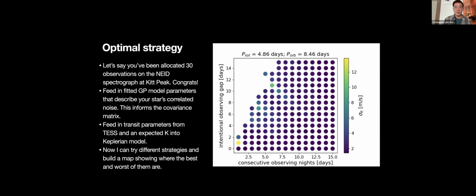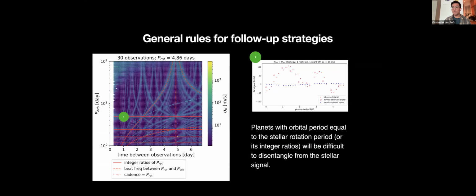Okay, great. So that's a use case, but there are some general takeaways from our work with Gaspery, kind of rules of thumb. The first one I'll state and then I'll describe the plots, is that planets with orbital periods that are commensurate with the stellar rotation period, or an integer ratio or multiple thereof, will be difficult to disentangle from the stellar signal.